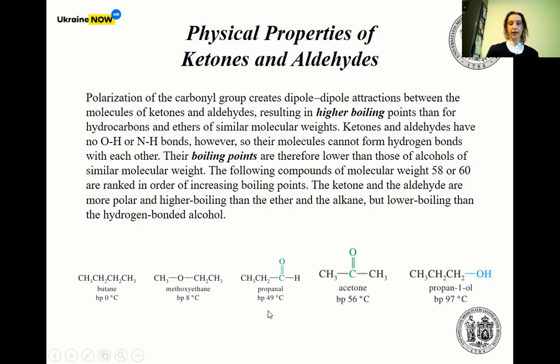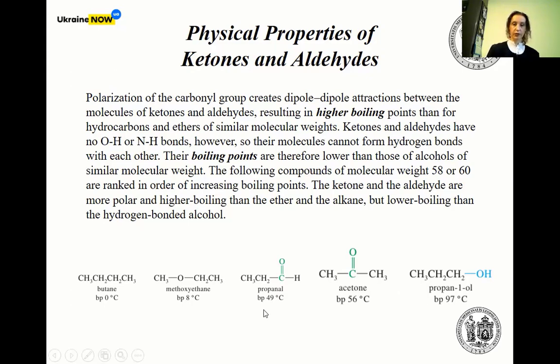But aldehydes and ketones are not able to form hydrogen bonds between their molecules the way alcohols can. But they can form hydrogen bonds with other molecules that have NH or OH bonds, such as water or amines.